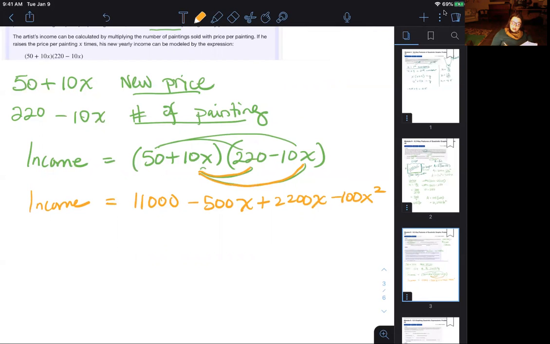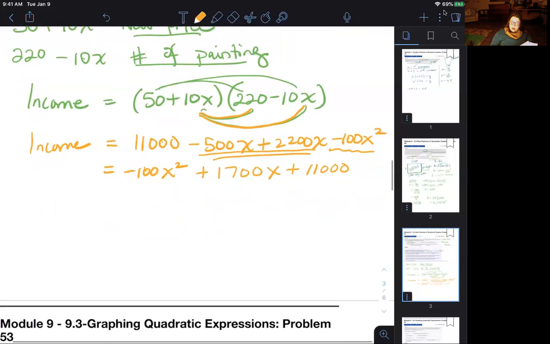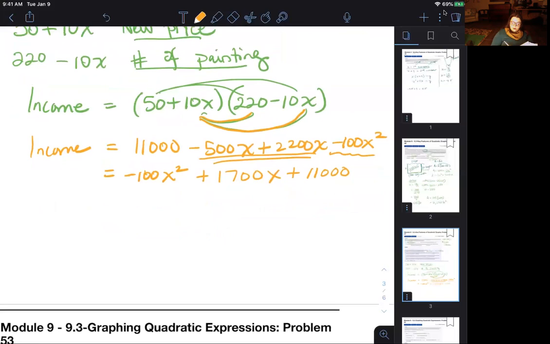Okay, so now if I simplify this and I want to put my leading coefficient in front, I have negative 100x squared, and then I can combine my like terms in the middle, and that is going to be positive 1700x, because we have a negative here, and then plus the 11,000. Now, if I want to figure out the maximum income, that's going to be the vertex.